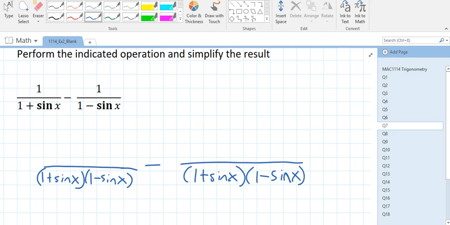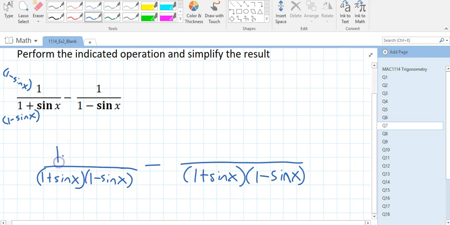Here's the denominator I want, the 1 plus sine x, 1 minus sine x. So who is the first fraction missing in the denominator? So the top and bottom get multiplied by 1 minus sine x. So what do we get in the numerator here? If I multiply that out, 1 minus sine x.